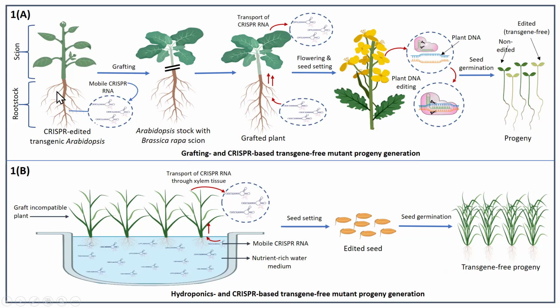So if you buy the rootstock transgenic containing the CRISPR construct, then you can do editing by grafting only. So it is really interesting. That means you can get a transgene-free plant from the seed, and then you grow it and select it.